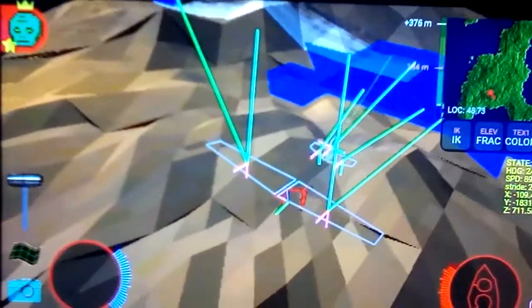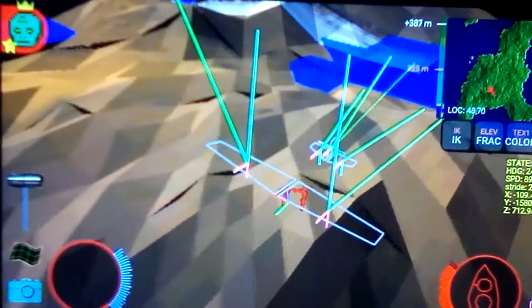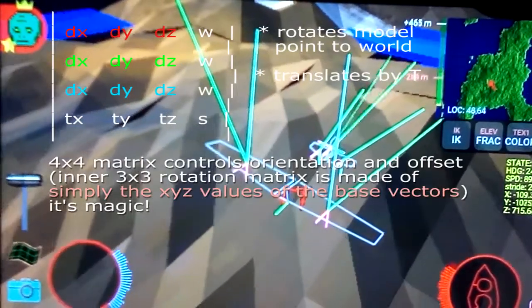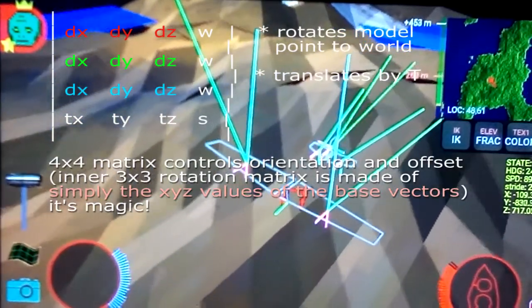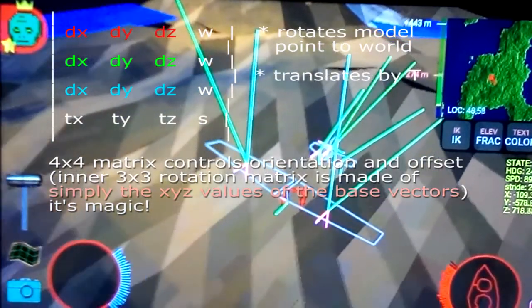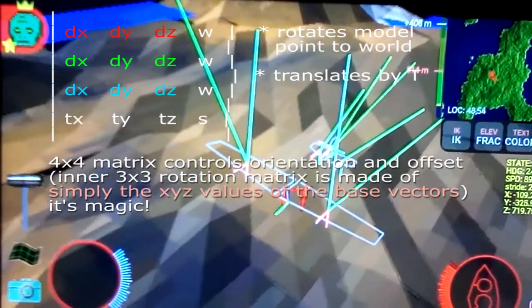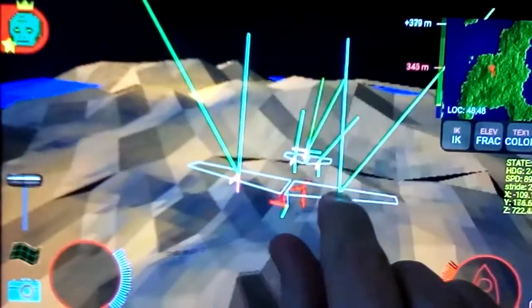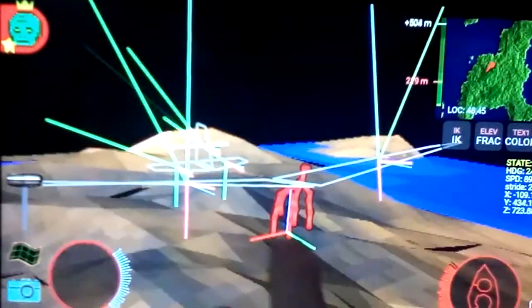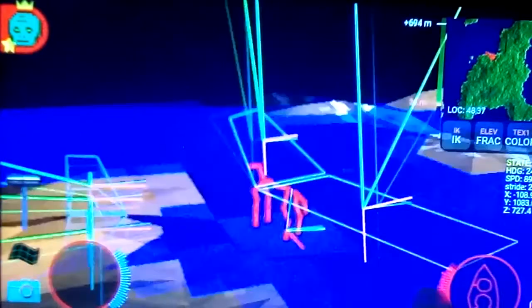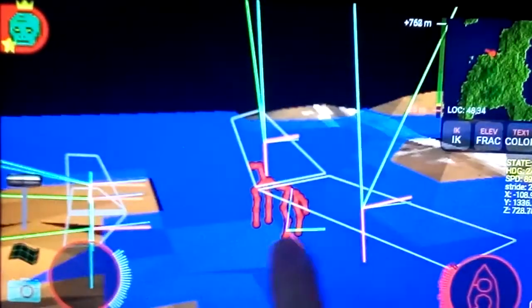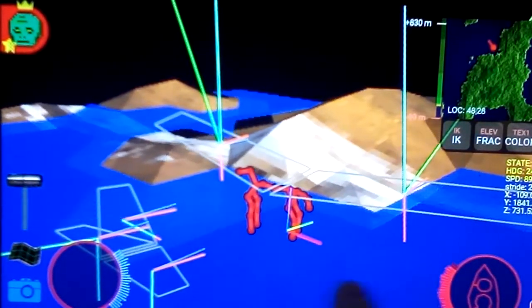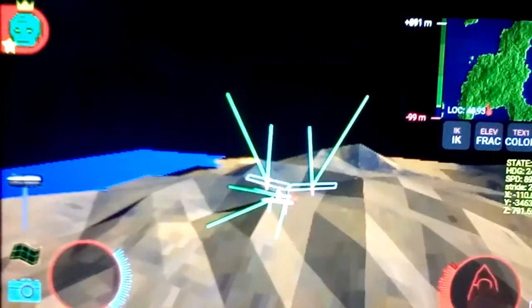And it was actually kind of fun because basically if you think of a 4x4 matrix as representing the current orientation of the plane, and if you think of the current orientation of the plane as being a three-dimensional vector basis with its very own little x, y, and z vectors as indicated by this little group of lines here. That's the x-axis. Y points forward, and Z points up. Red, green, blue, X, Y, Z. Anyway, it is in fact flying.